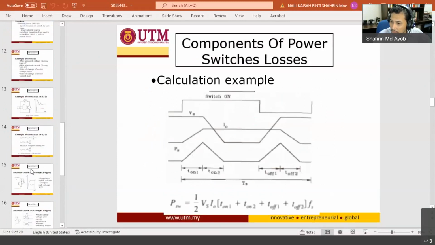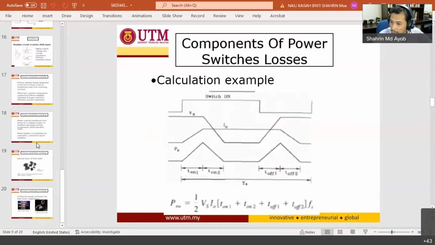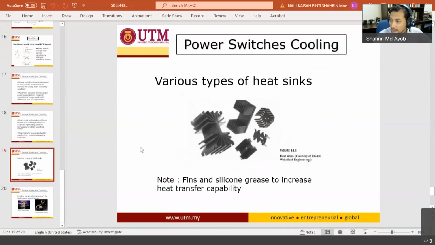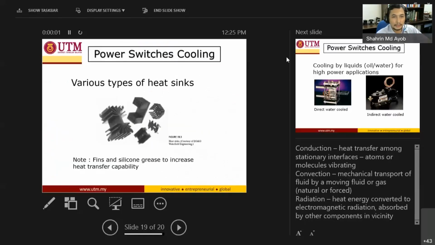But I want to show you something about the heatsink. When you turn the power switch on and off and on and off, your transistor will become very hot.